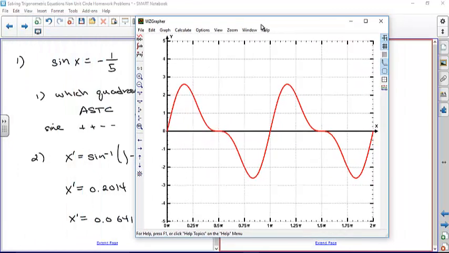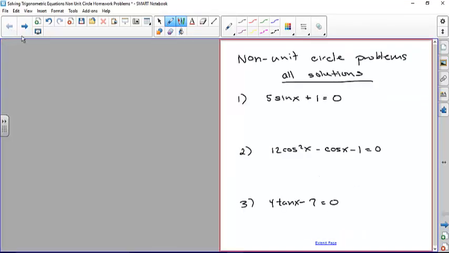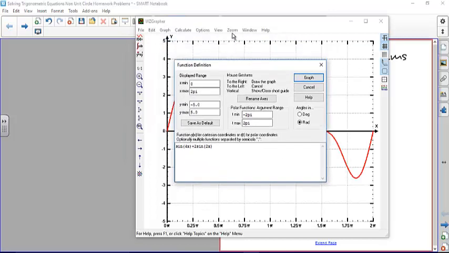So that's the function I'm going to do, the sine of x. Well, I could go back to my original function, couldn't I? So my original function would be sine of x plus 1, so that's y. So we go from 0 to 2 pi, and it's the sine of x.